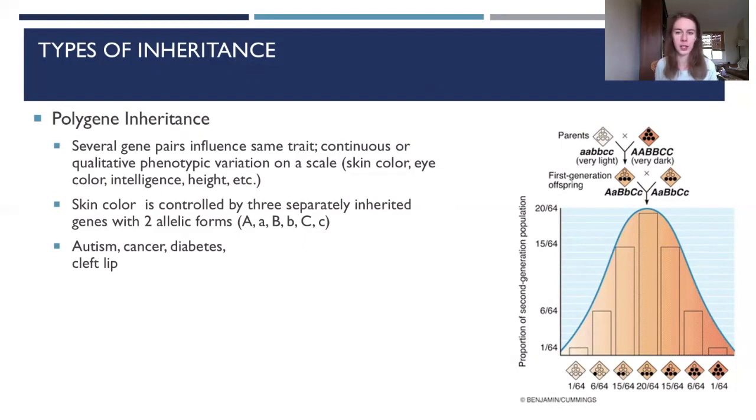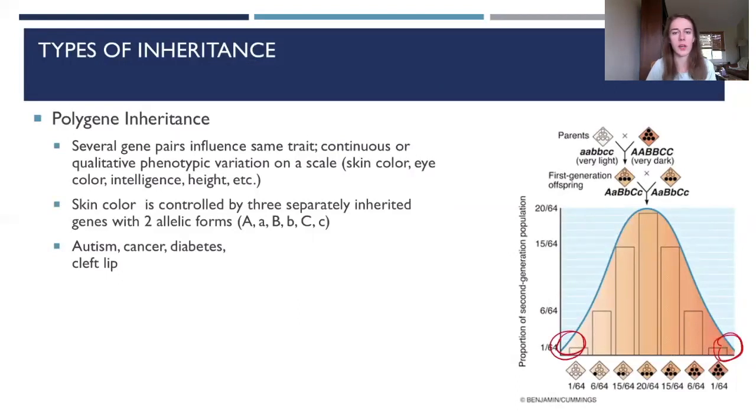And so skin color is inherited from 3 separate genes. All of them are a dominant recessive situation. So if you have big A, big B, big C, that means you're going to have the darkest possible skin color. Little a, little b, little c means the lightest possible skin color. So that's going to be at either extreme on this chart.